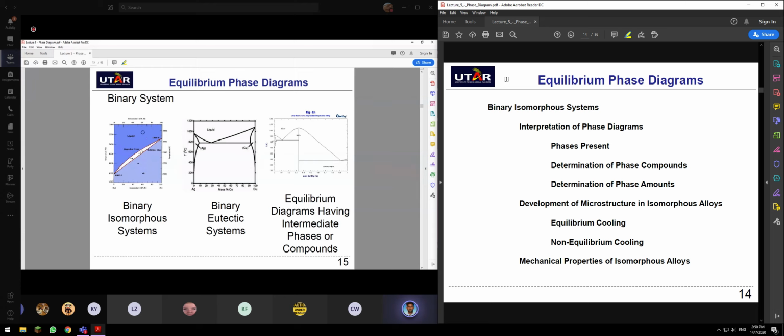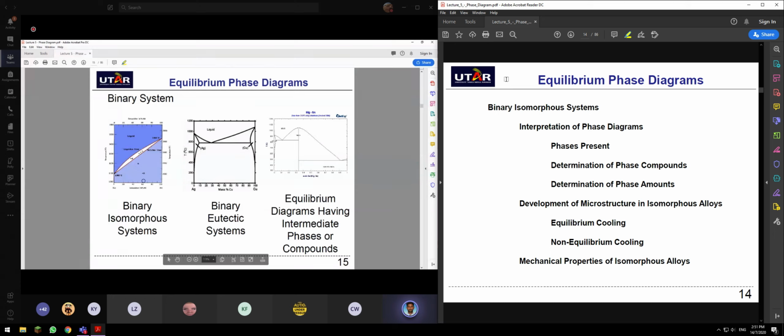The first one is the binary isomorphous system. Another type is the binary eutectic system, and another is the equilibrium diagram having intermediate phases or compounds. Three types of binary systems, right? Nothing much, nothing great. So I'm going to concentrate on the binary isomorphous system and the binary eutectic system for today.